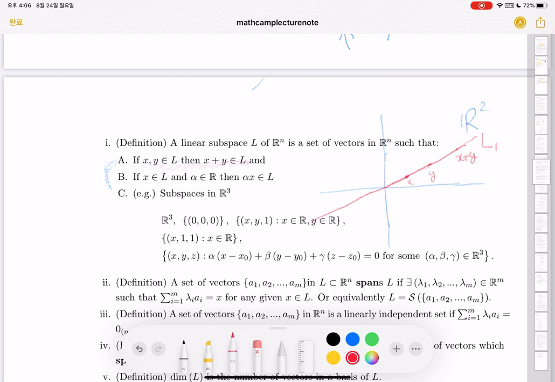If x is in L1 and alpha is a scalar, then alpha times x is in L1. Whatever alpha is, alpha times x is in L1. So L1 satisfies this second condition too. Therefore, L1 is a linear subspace. What about this whole thing itself, R squared? Is it a linear subspace? Of course.